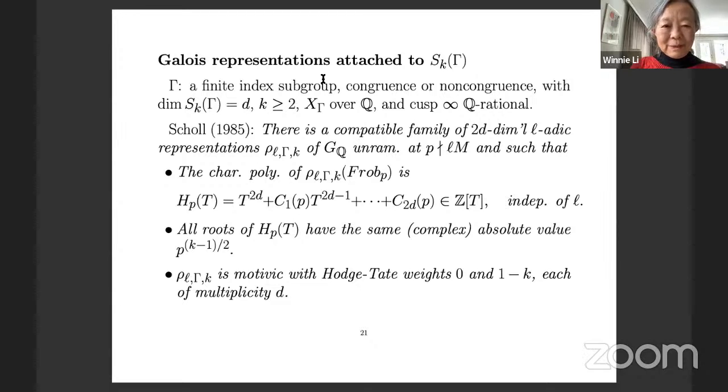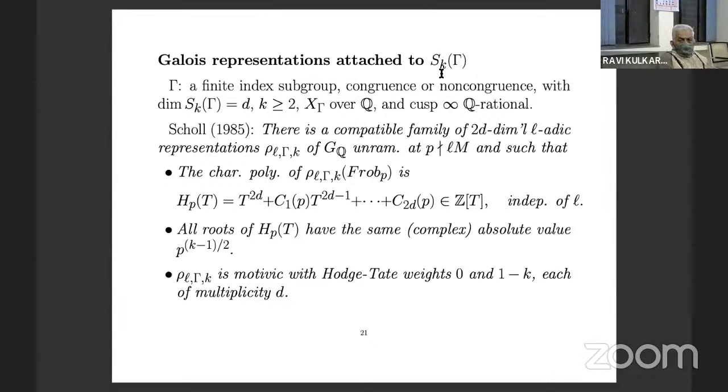He started by attaching a Galois representation to the space of cusp forms. Now we assume that the weight is at least 2.